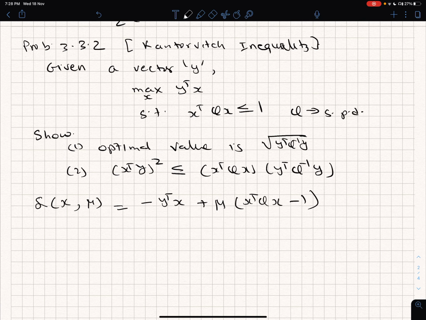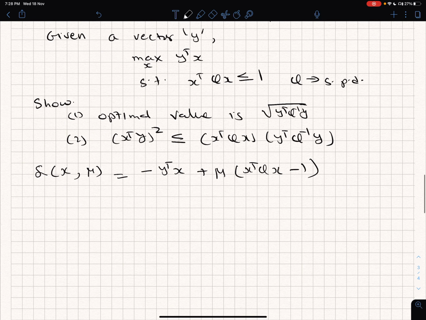Now, the first question that should come to your mind is whether at the optimal this constraint will be active or not. Suppose I want to increase the objective function.